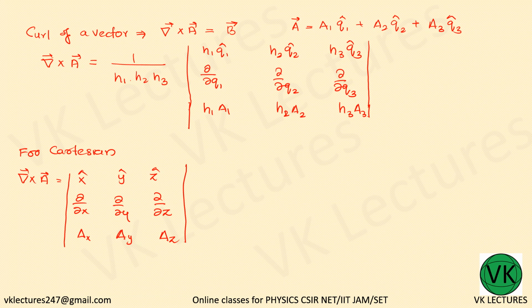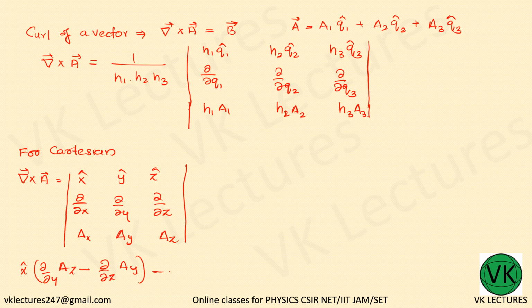So this will be x cap into dou by dou y of Az minus dou by dou z of Ay. Correct.